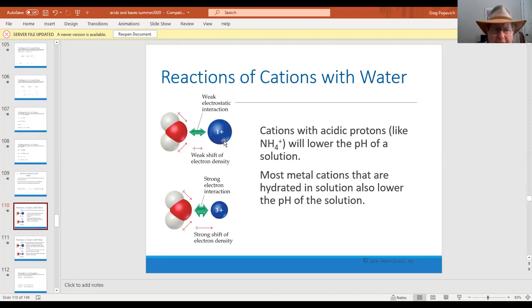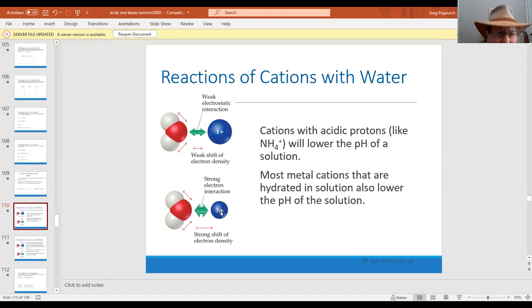Okay, if I have a reaction of an acidic proton like NH4+, my NH4+ can react with water to donate a proton to the water, making H3O+. If I have a metal cation, that metal cation can grab the OH- away from H2O, leaving an H+, which with water would make H3O+.